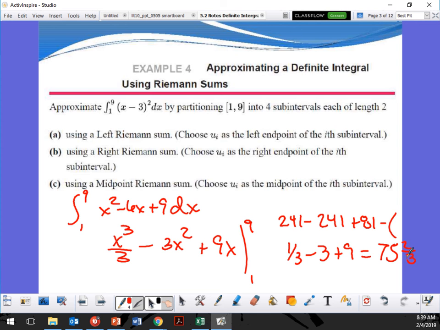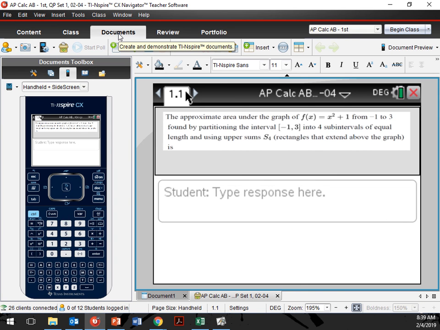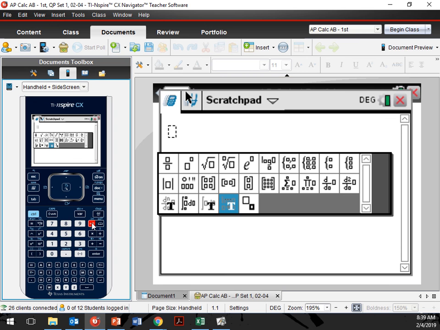Now, in your handy dandy calculator, you could actually do the same thing: x squared minus 6x plus 9. I'm going to show you guys. Go right over here, this one right here next to the book.